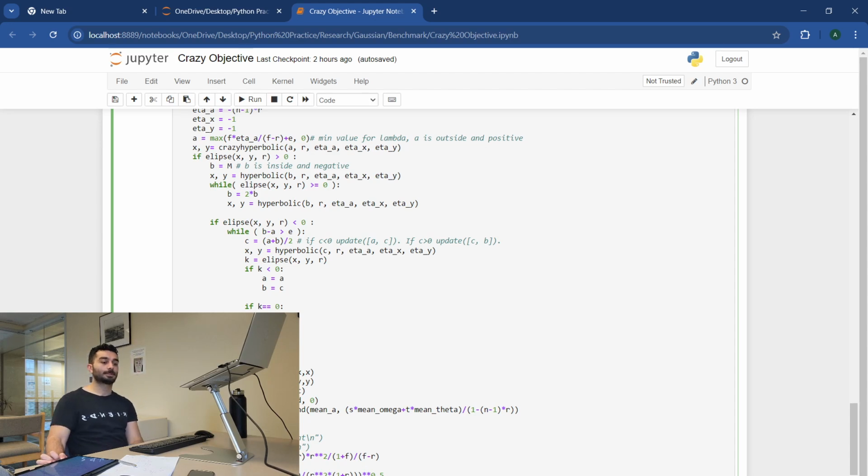Because it affects sigma_i theta_i, right? Yeah. So it's 0 if we are an interior point, which means we are inside the interval.